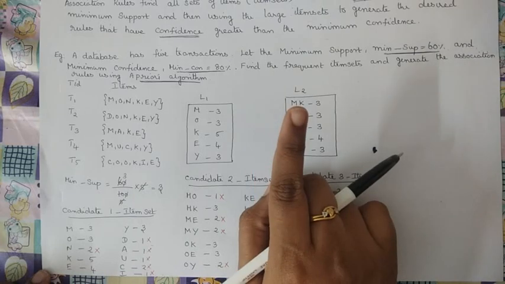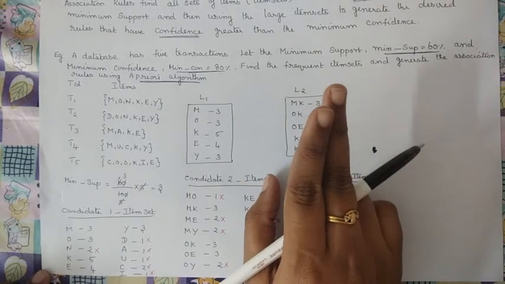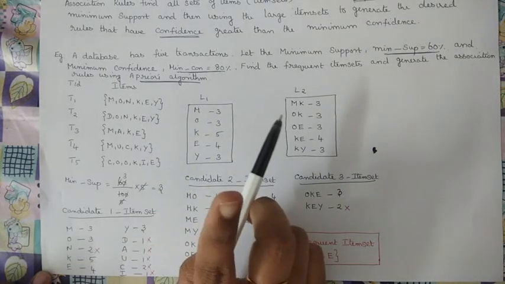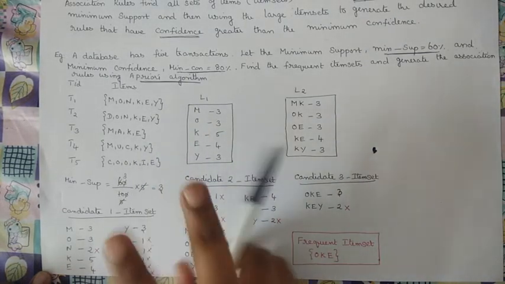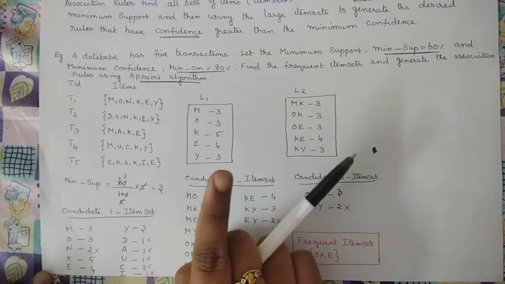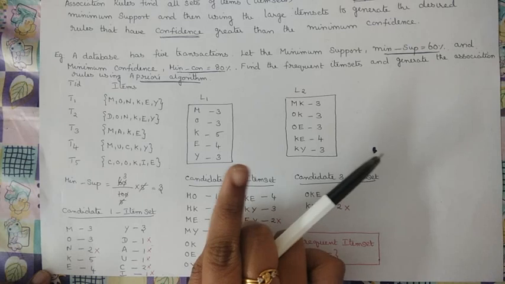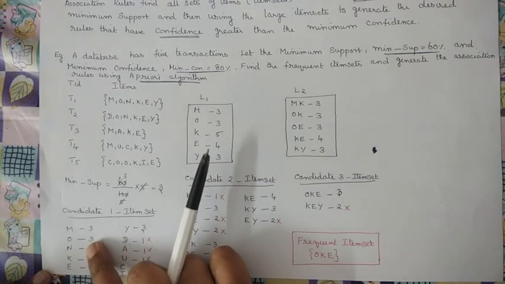It is not how many times O occurs. So you have to count this as 1, and you should not count it as 2, because you are seeing in how many transactions O is occurring. So the value is 3 here.